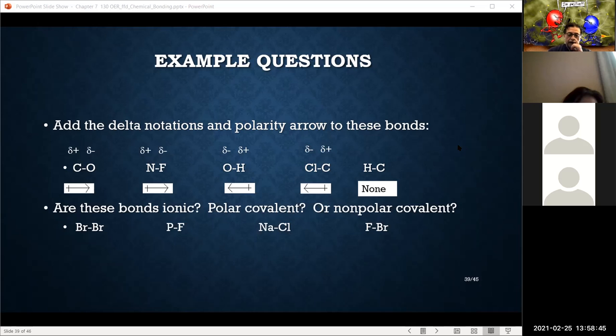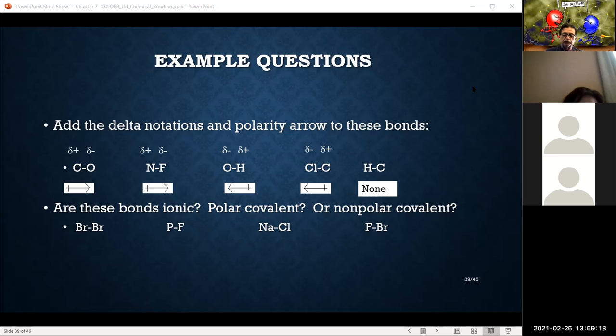All right. The question here says, which bonds are ionic, which are polar covalent, and which are non-polar covalent? These are typical questions. So the first question asked is, which bonds are ionic? Well, if you recall, an ionic bond requires a combination of a metal and a non-metal.